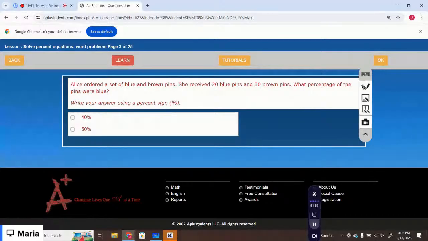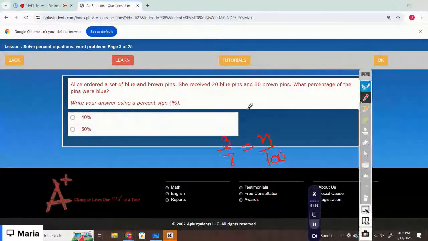She received 20 blue pens and 30 brown pens. What percentage of the pens were blue? The total pens were 50, right? And 20 of them are blue.